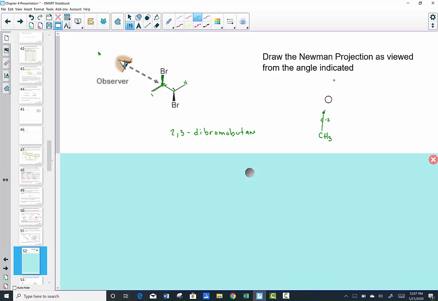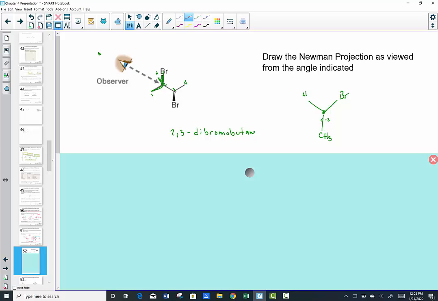We're not using dashes and wedges in a Newman projection, but it's coming out and to the right. And what's not shown, but you know is there, is a dashed line letting you know that hydrogen was behind that carbon, that bromine, so you can see the 4 bonds. This carbon, called C2, leads to a methyl group down, a bromo group up and to the right, and a hydrogen up and to the left. And that's what we drew with that particular structure.